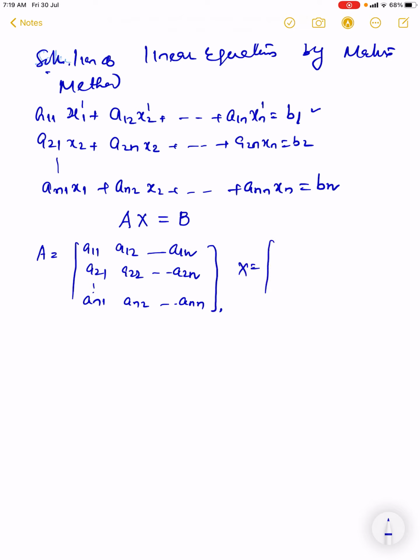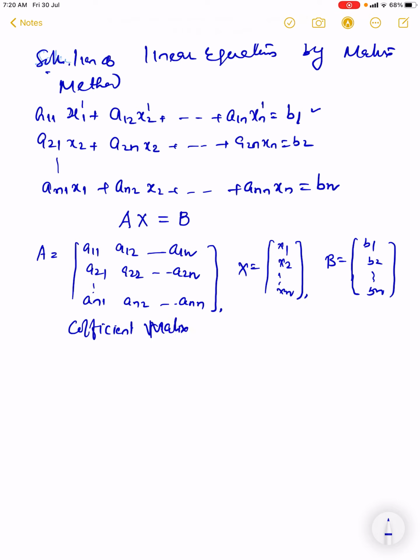X equal to x1, x2, xn and B equal to b1, b2, bn. This A is known as the coefficient matrix. This is known as the variable matrix and this is the constant matrix. And the complete system can be written as AX equal to B.